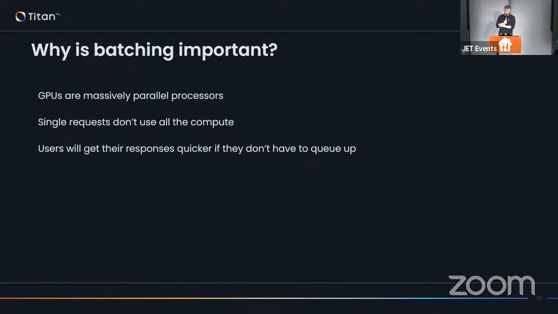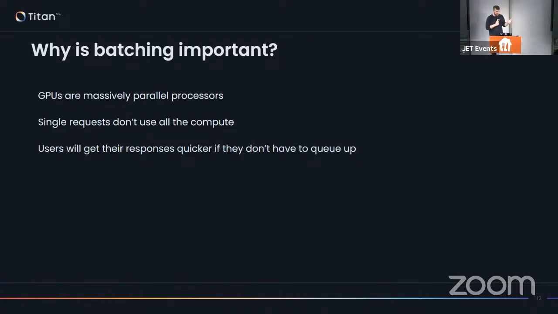So the problem is not what you usually deal with when you write applications in general. The problem you often have is that you have to do too much work and don't have enough time to do it in. Here, what you have is that you don't have enough work to keep all of your processors busy all the time. These are massively parallel processors. We need to front-load all our work so we can parallelize it and run it all at once.